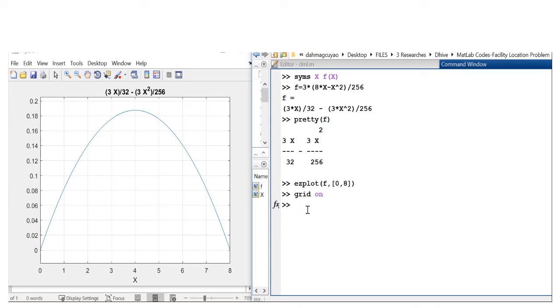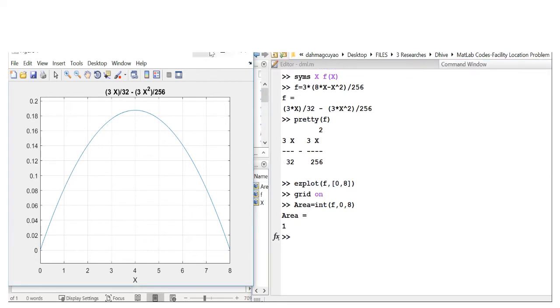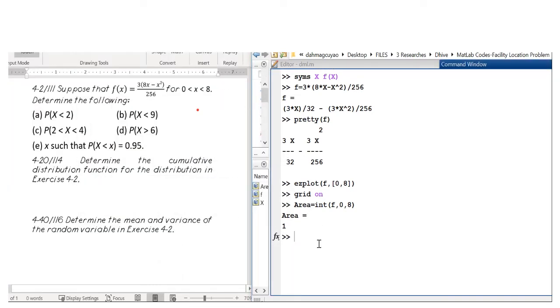Aside from that, we can check the area. So that's the integral of f, where x is from 0 to 8. And observe that the total area is 1. So this is a valid probability density function.